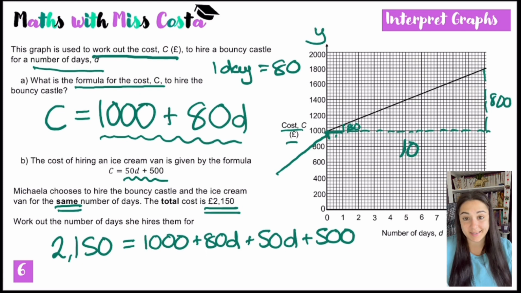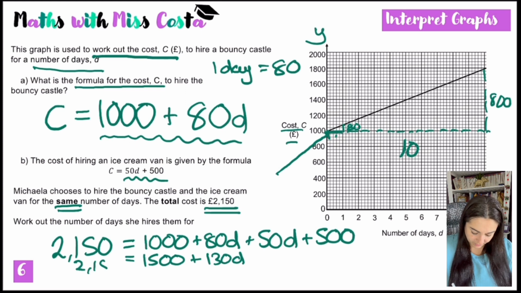So what I can do is simplify that. £1,000 plus £500 would be 1,500, plus 80D plus 50D gives you 130D. So 2,150 is 1,500 plus 130D.